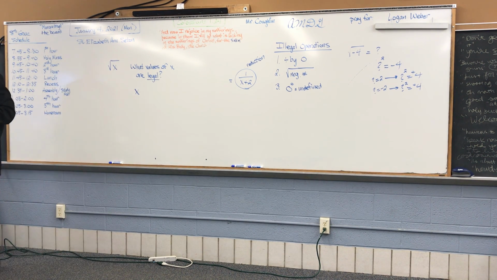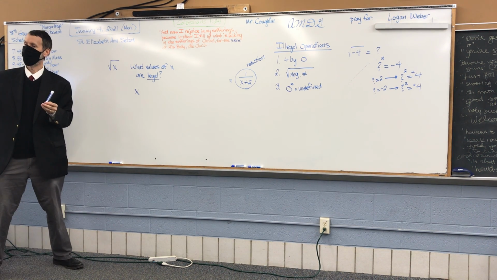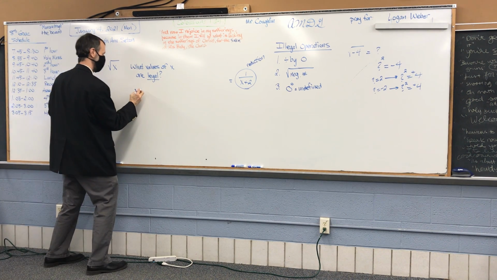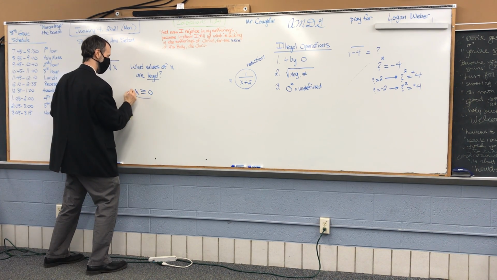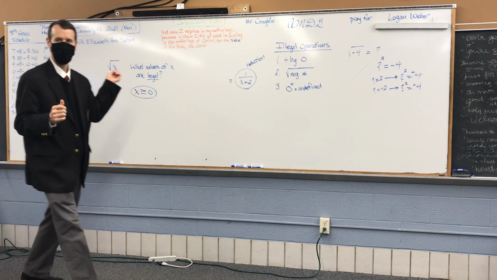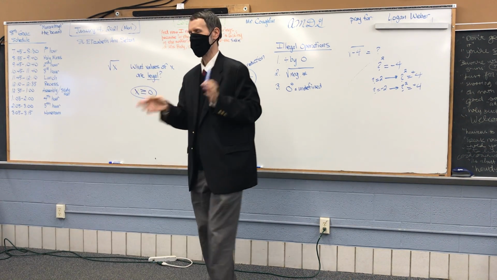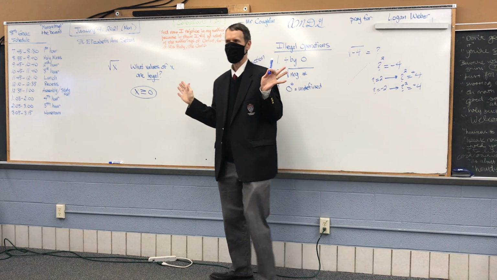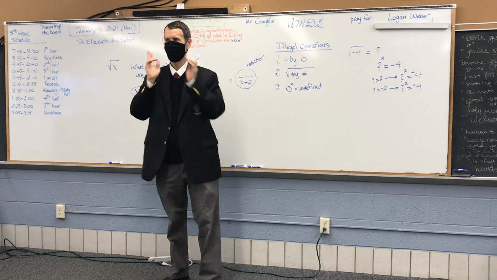Use less than, greater than, or greater than or equal to, less than or equal to. X is greater than or equal to 0. Those are all the legal numbers for this thing. Anything 0 and up is safe. Does that make sense?